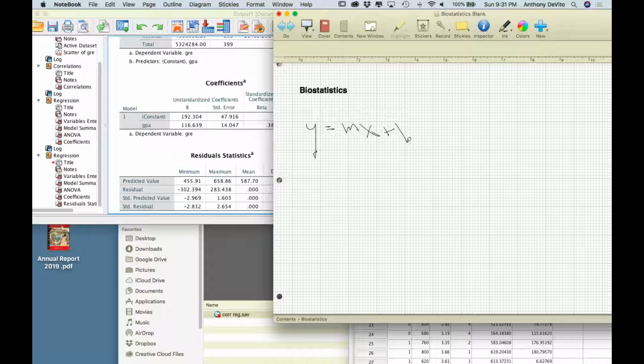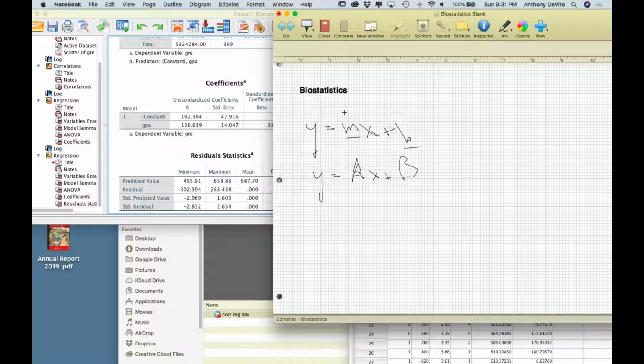That's the way a mathematician usually writes a formula for a straight line, where this is the slope and this is the y-intercept. But most of the time, statisticians' notation might be something like y equals ax plus b, where a is the slope of the line and b is the y-intercept.